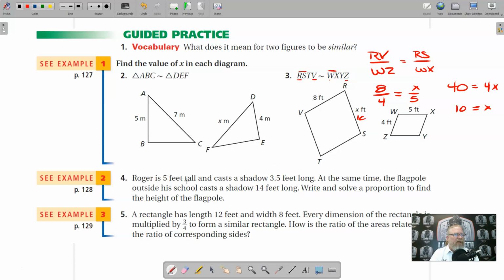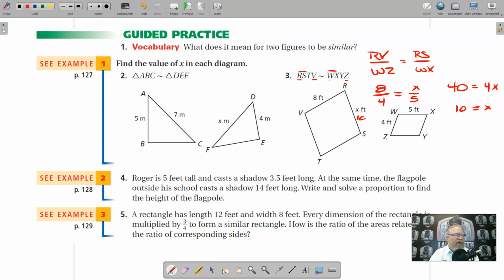Here we have Roger, who is 5 feet tall and casts a shadow 3.5 feet long. At the same time, the flagpole outside his school casts a shadow 14 feet long. Write and solve a proportion to find the height of the flagpole. This flagpole question seems to show up in every math textbook. It actually entertains me. It seems like flagpoles must be the hardest thing to measure, and we have to use indirect measurement for it.